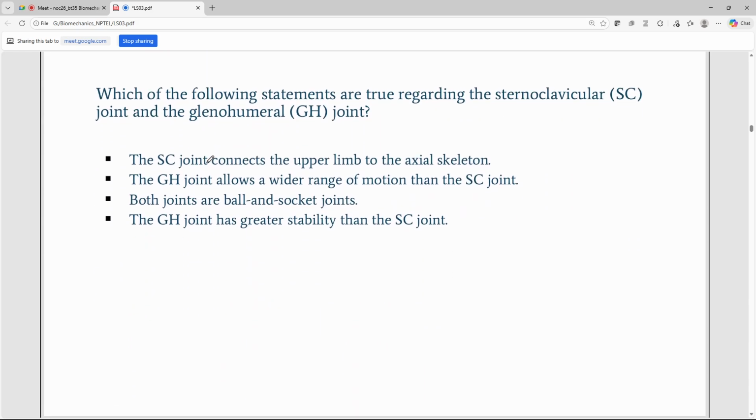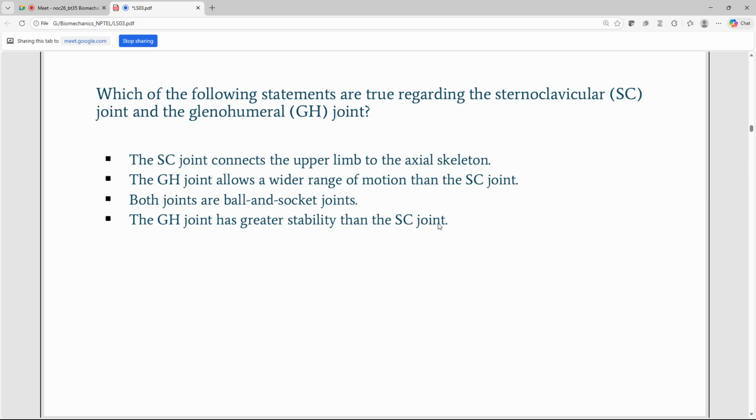Next question is regarding the joints. Which of the following statements are true regarding the sternoclavicular joint and glenohumeral joint? Statements are: the SC joint connects the upper limb to the axial skeleton. Second, the GH joint allows a wider range of motion than the SC joint. Third, both joints are ball and socket joints. Fourth, the GH joint has greater stability than the SC joint.